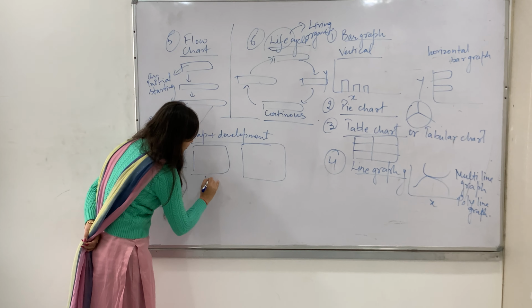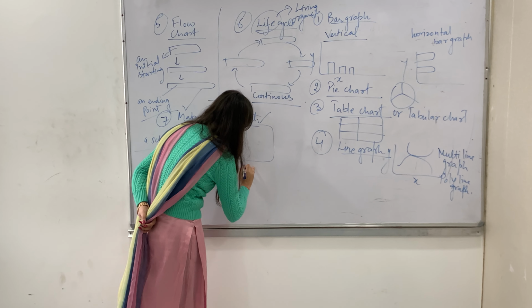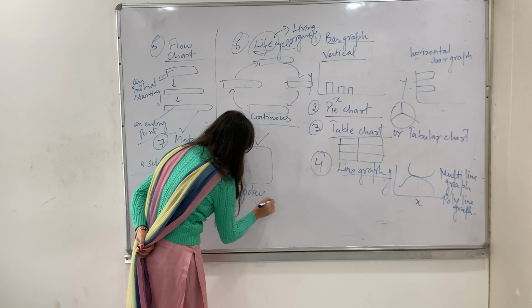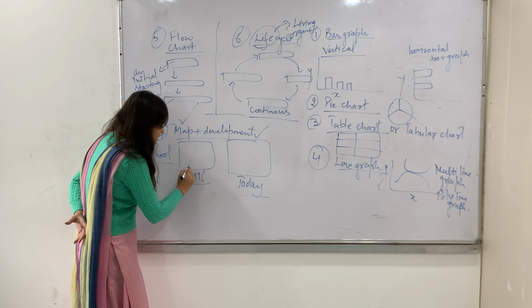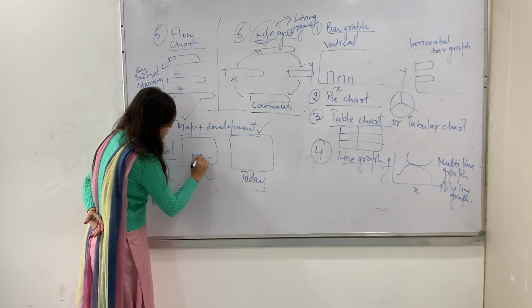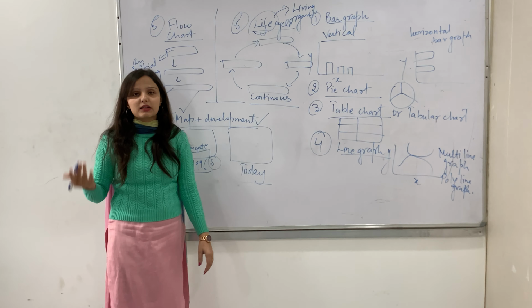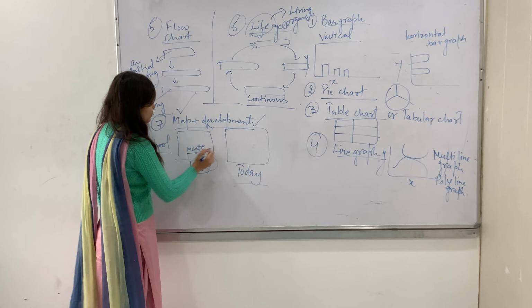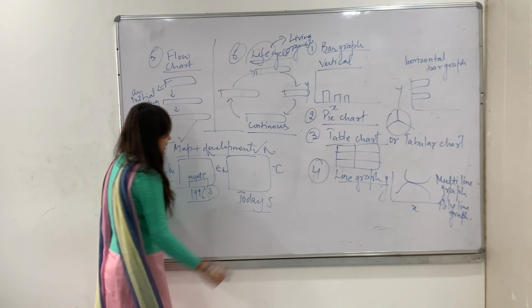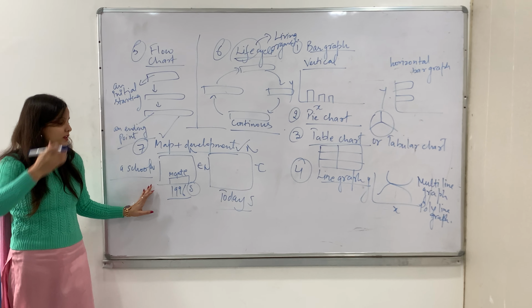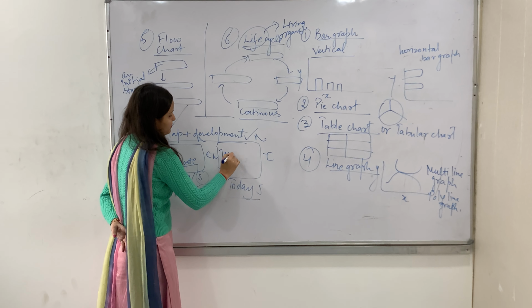It shows a map in 1996, and this map shows today's layout. In 1996 the main gate was in the south direction. Whenever you are given a map, firstly mark the directions: north, south, west, east. The main gate was in the south direction in 1996, but now it's in the west direction.